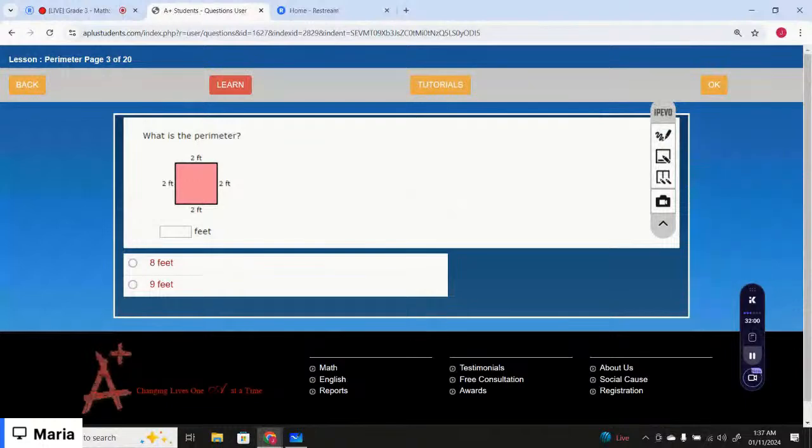Okay, the next one is what is the perimeter, which is the correct option?